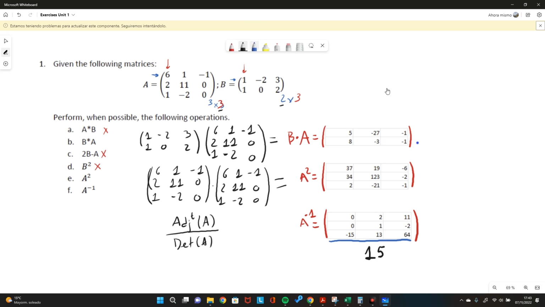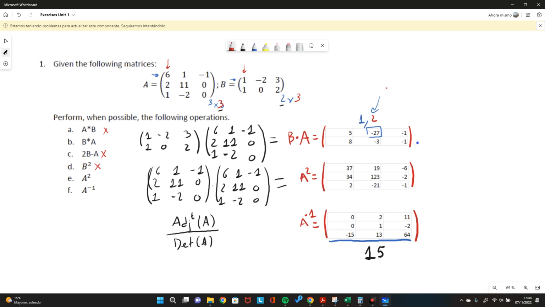The other three things we can do, I have here the results. I got them with Microsoft Excel, but it's easy. I'm not going to do every number, I'm just going to show how to get one of them, for example the minus 27 here. I'm looking for the element in the first row and second column.